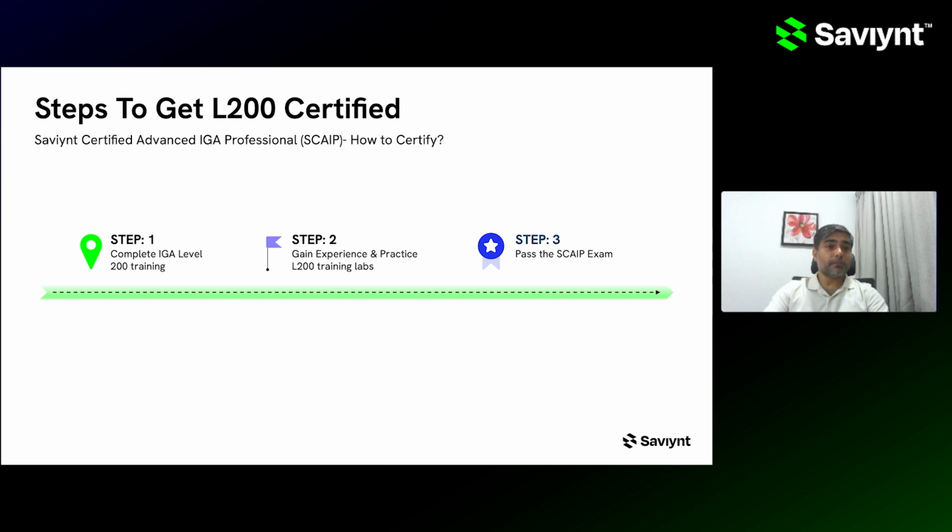But as a bare minimum, go through the training content and complete the labs at least a couple of times so you're very familiar with the scenarios that will be covered in the exam, because the exam has a lot of scenario based questions, and hands-on experience will definitely help you to pass. And step three, of course, you take the exam and hopefully you are able to pass it.